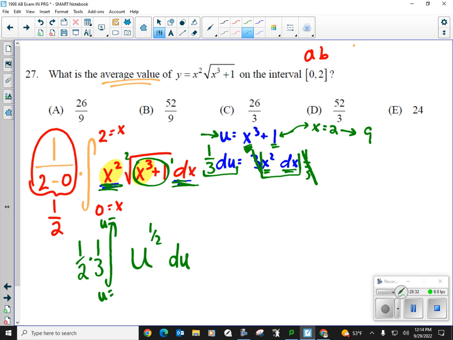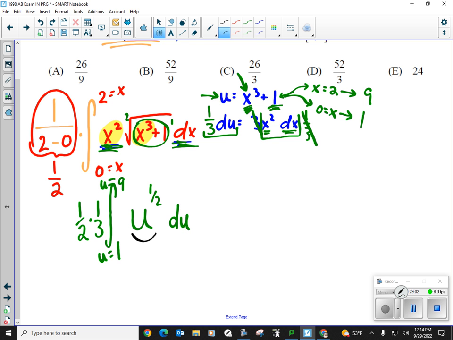So that's my new upper bound. For my lower bound, my x value is 0, so I'm going to throw a 0 into this x. 0 cubed is 0, plus 1 is 1. Now I am good to go. I can integrate this, and I never have to bring any x's back in. That is really, really good.